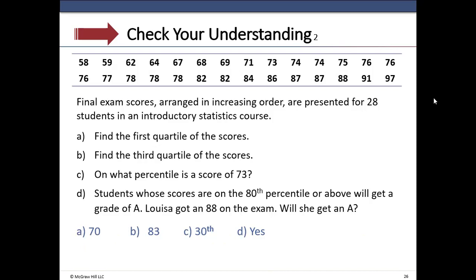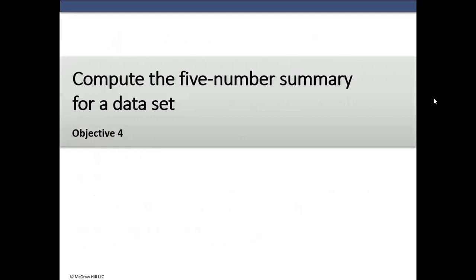So 8 plus 0.5 is 8.5. Add 0.5 to the 8 numbers below 73, giving 8.5. Then you divide by the total number of data points, which is 28, and multiply by 100. And it is 30.35. So it is the 30th percentile. You can do the rest.